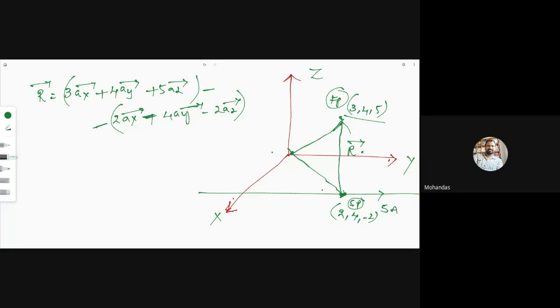So let me tell the resultant value. 3 minus 2, 1 into ax. Next, this 4 and 4 get cancelled out. Next, 5 and 2, 5 plus 2, 7 az. This is R here. This is R. And what is R? R is the perpendicular distance.